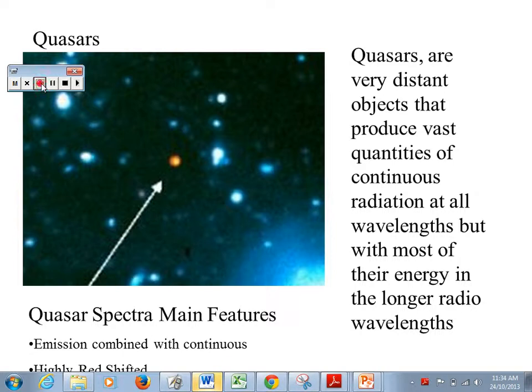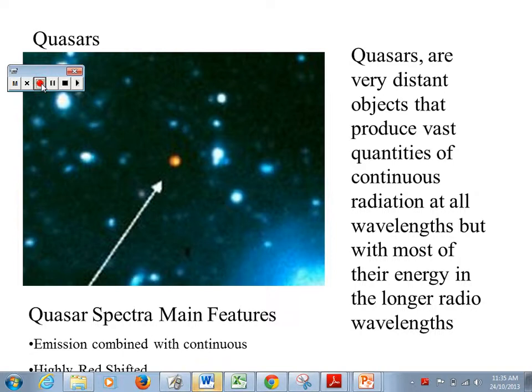So it's a massive single black hole galaxy. And as matter falls into a black hole, it emits massive amounts of X-rays. And as this is so red-shifted, and that's the reason why it looks red to us, because they are so far away, that X-rays has lengthened to the size of radio waves.